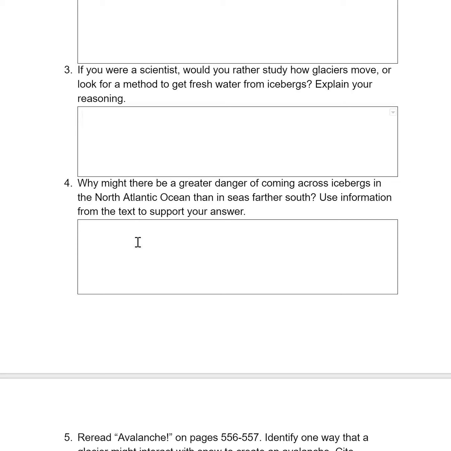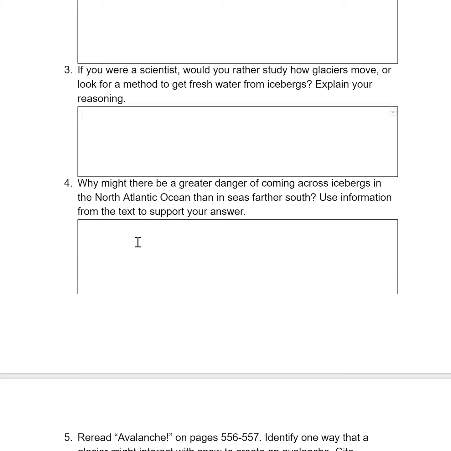It says in the first sentence of paragraph 2, but some places are cold all year round. And then if we go down to paragraph 3, it says Antarctica is always covered by deep layers of ice and snow. So too are parts of Greenland, Canada, Alaska, and Iceland.